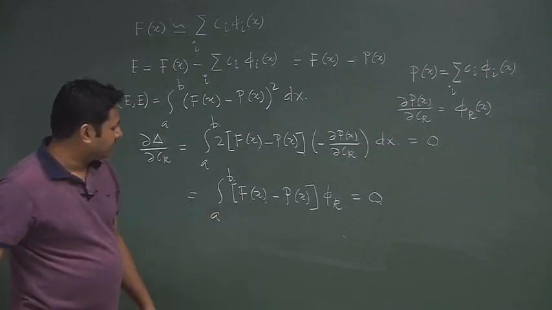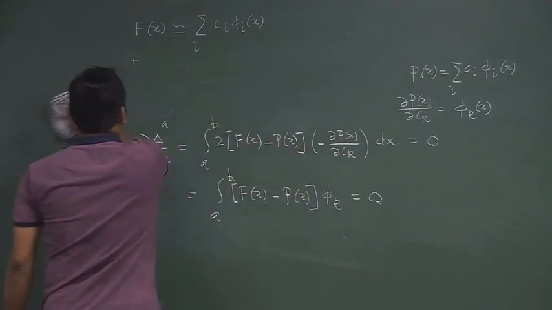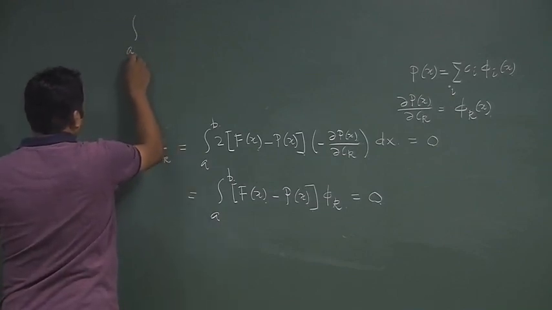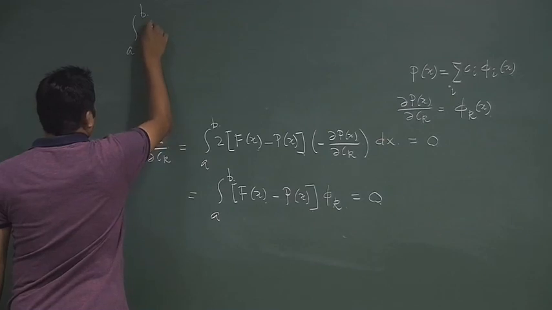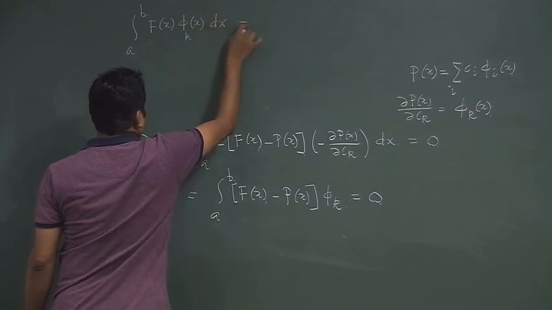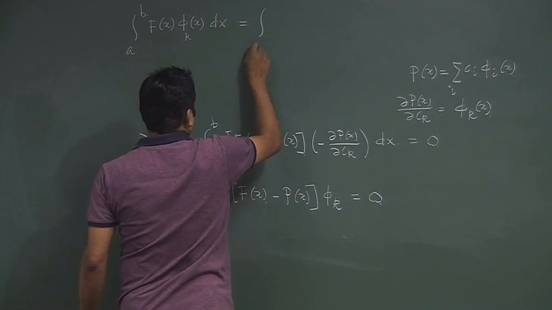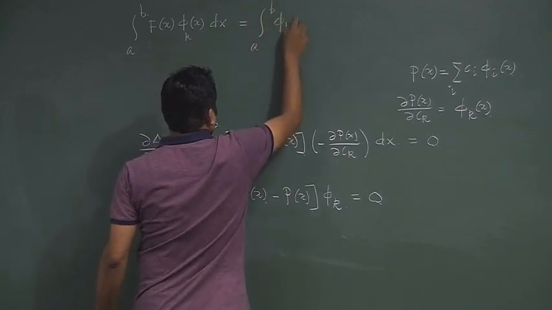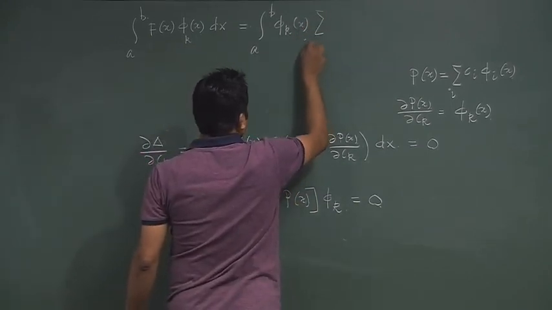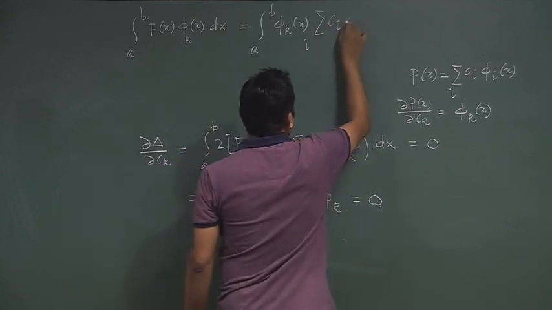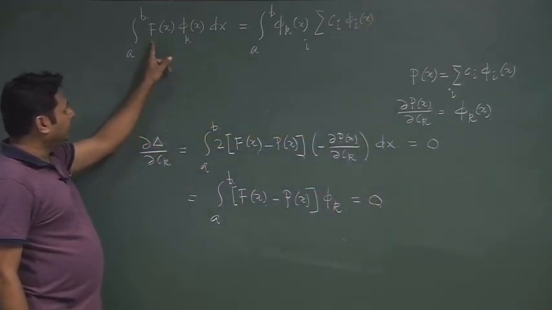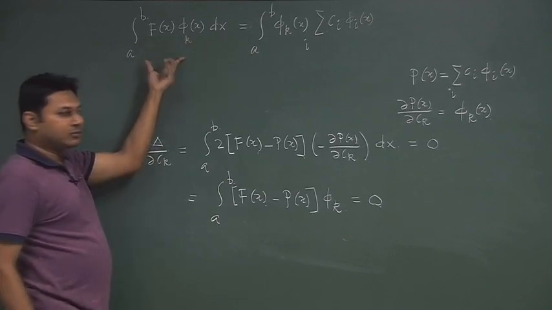Now, if I put that in one by one, then I will have the integral from a to b of f(x) phi_k(x) dx equal to the integral from a to b of phi_k(x) multiplied by p(x), where I put in the summation over i of C_i phi_i(x). Now, the left hand side, f(x) multiplied by phi_k(x) dx from a to b, is nothing but the inner product between phi_k and f.